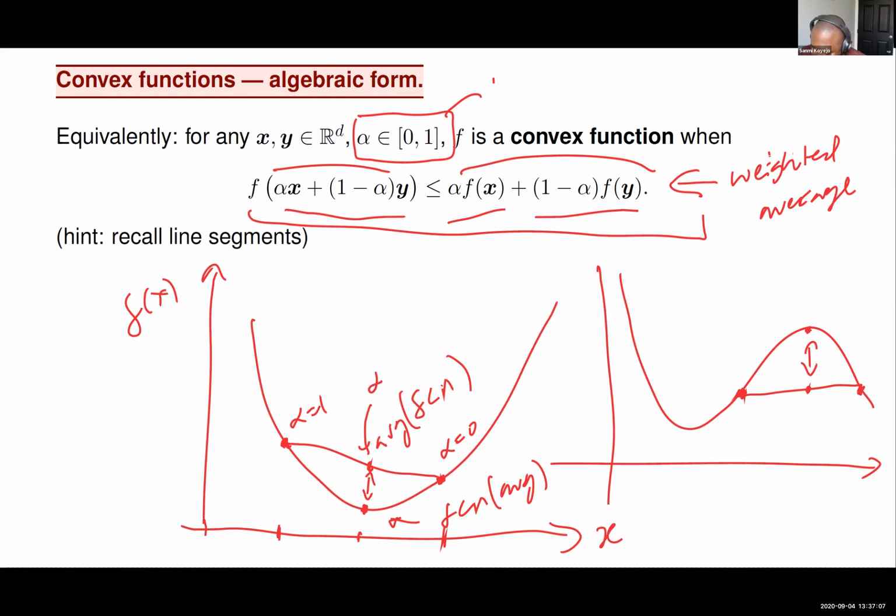This is alpha equals 0.5. This has to be true for all alphas. So I picked a single alpha, but this has to be true for any alpha I pick. It's a great question, actually. For any alpha I pick, I need this relationship to hold, that the weighted average of the function is always bigger than the function of the weighted average.